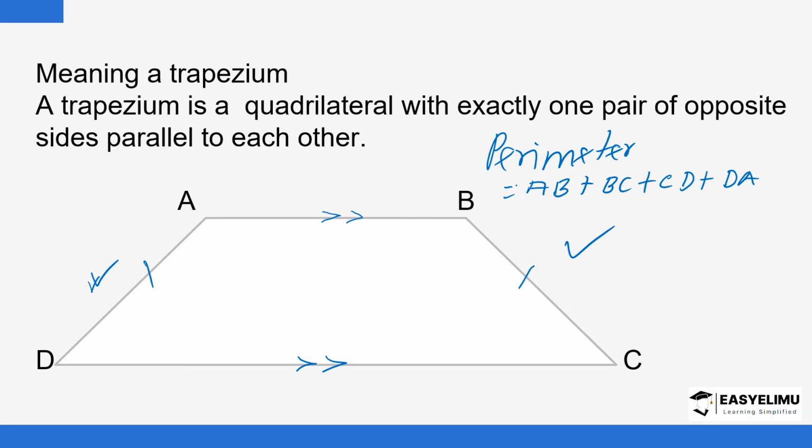It is the distance all around the figure. So you have to find the length AB plus the length BC, CD, and then finally DA.